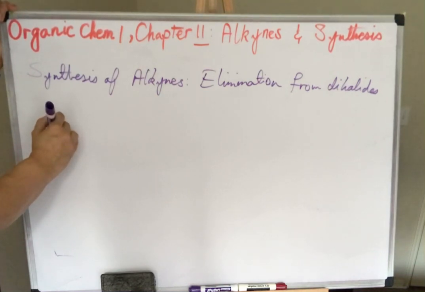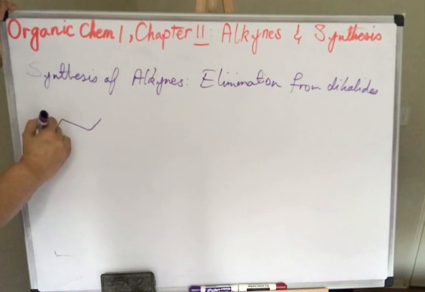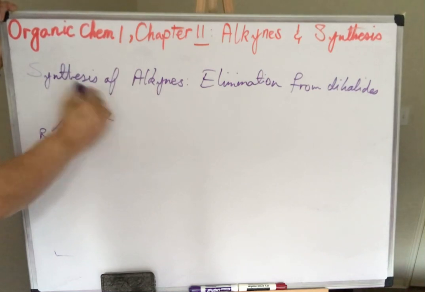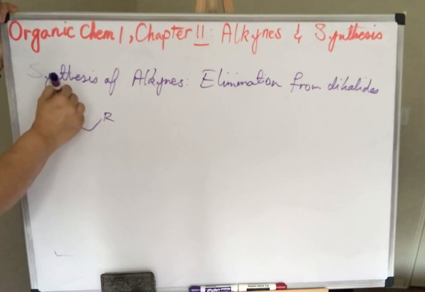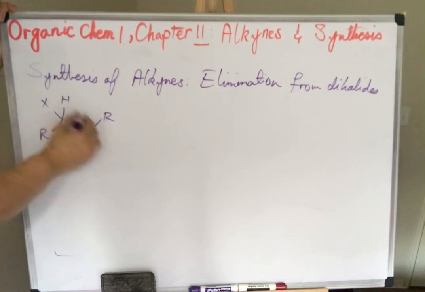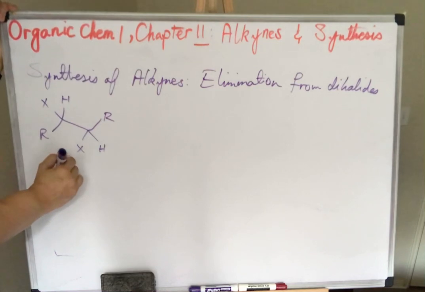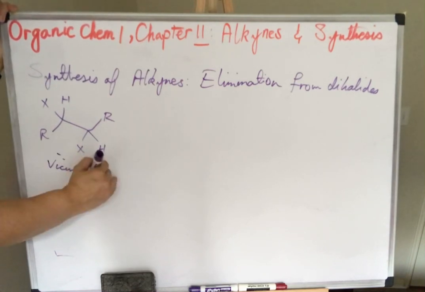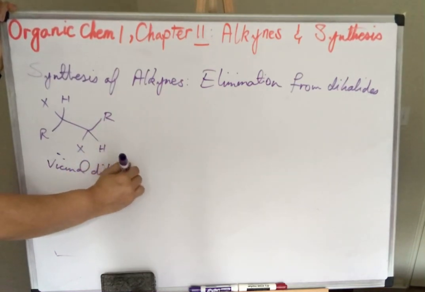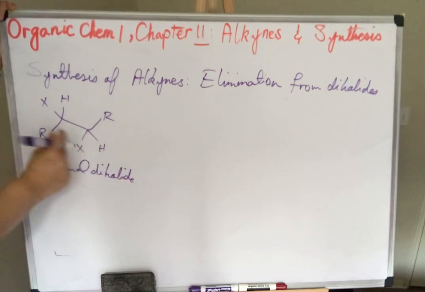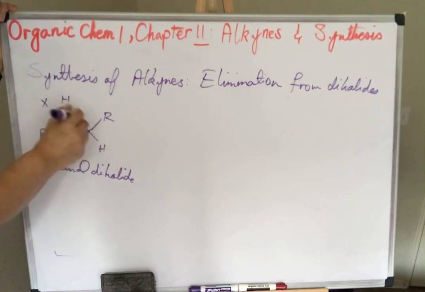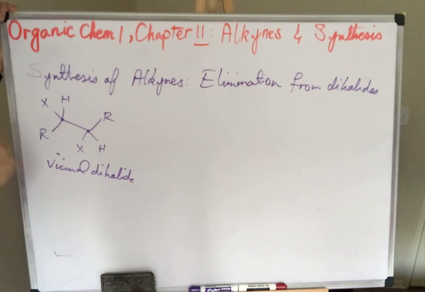So I go with the same general examples you have. You have some carbons and hydrogens that you show as R. Then you have hydrogen and halogens on the 2 adjacent carbons. You call it a vicinal dihalide. When the halogen atoms are on the 2 adjacent carbons, you call them vicinal dihalides.